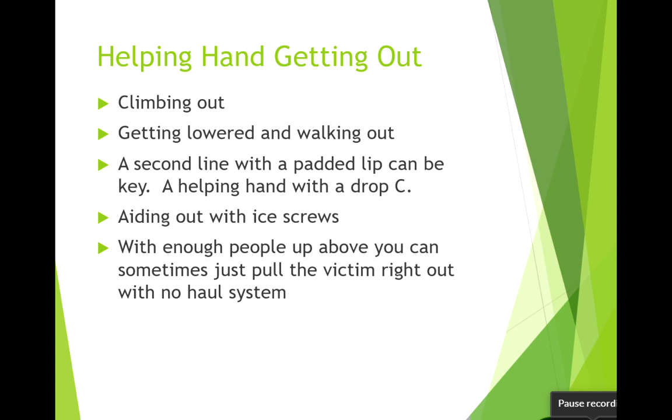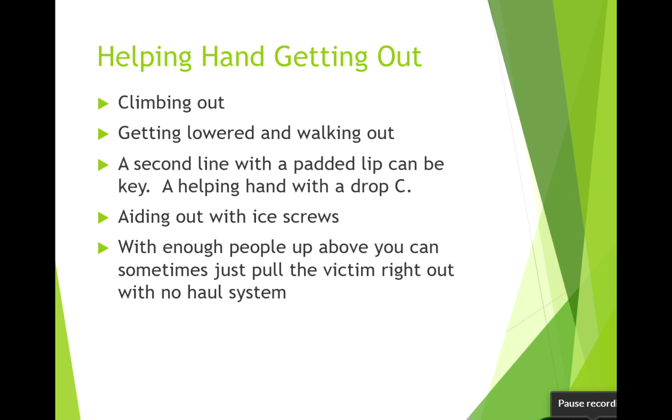A padded lip, in other words, preparing the lip fully and dropping them a drop C, which is just an anchored end of the rope and then another end that's hooked to them, that you could pull them up with a simple 2-to-1 system or help them with that. Someone who's in a crevasse might be able to use something like an ice screw and put it into the wall and put their foot into a loop connected to that.